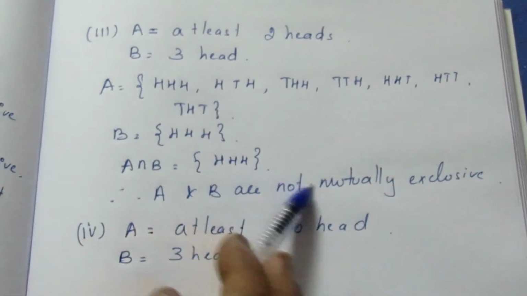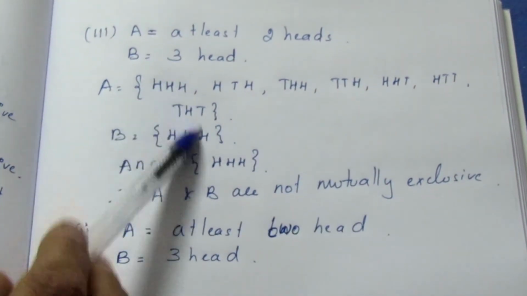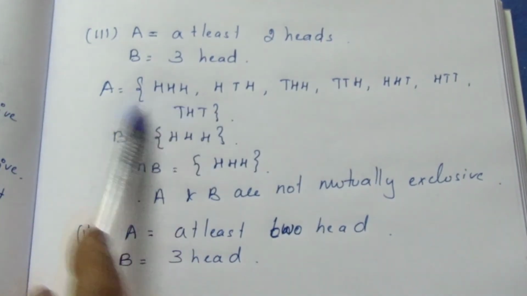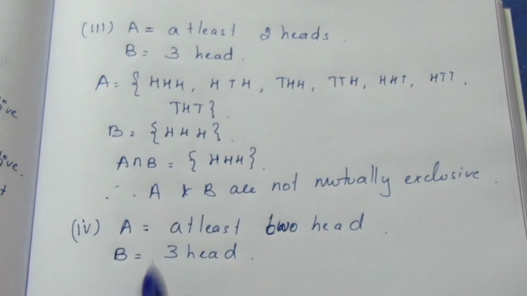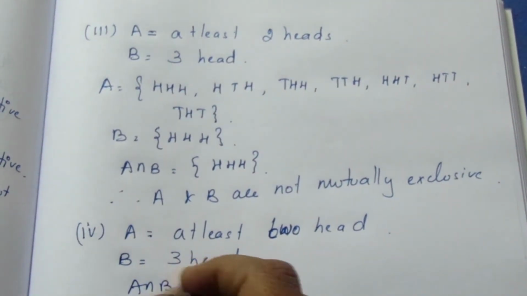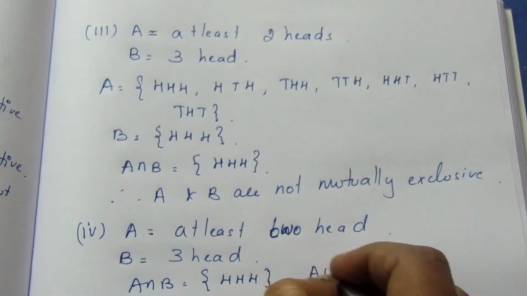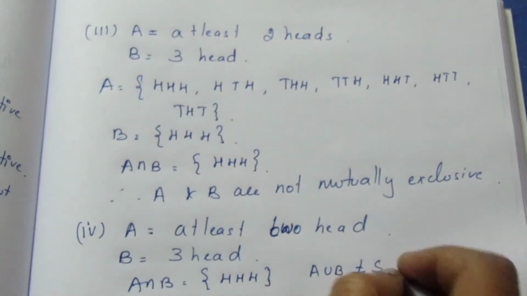So they are not mutually exclusive and they are also not exhaustive because we don't have triple T in either of them. So A intersection B is equal to HHH and A union B is not equal to the sample space.